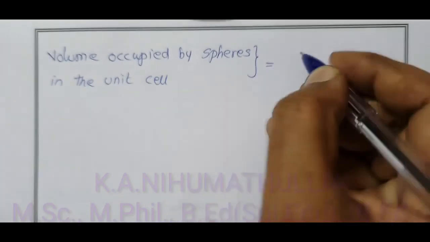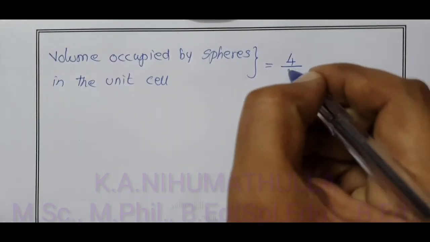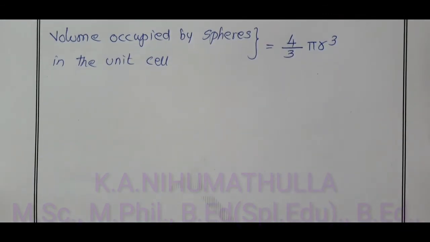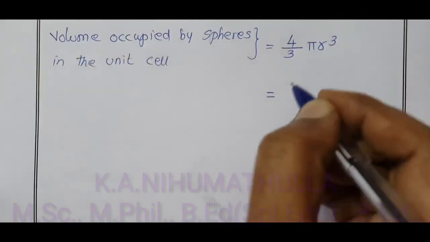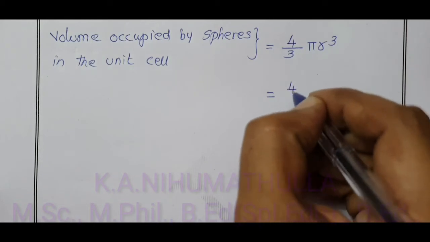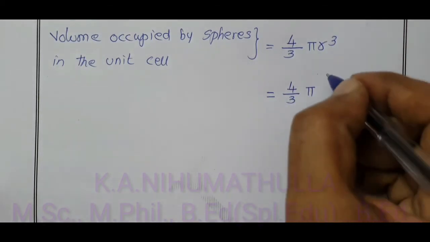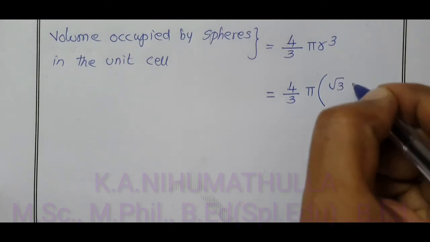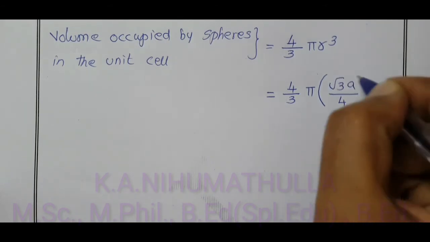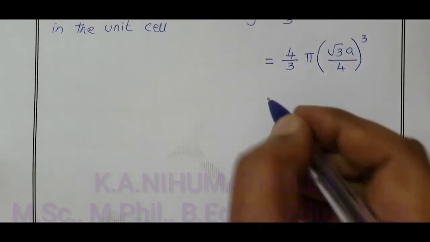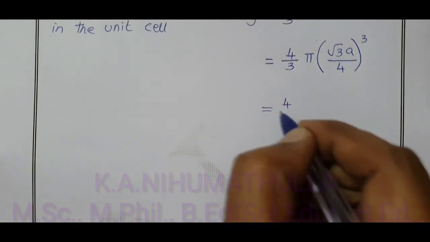That is equal to, what is the formula? 4 by 3 pi r cube. R value we know. Substitute that R value. 4 by 3 pi. What is our R value? Root 3 A by 4 the whole cube.